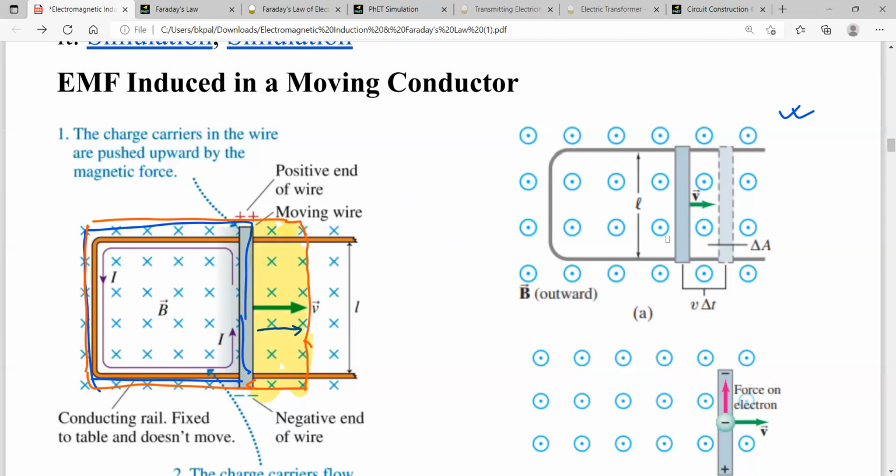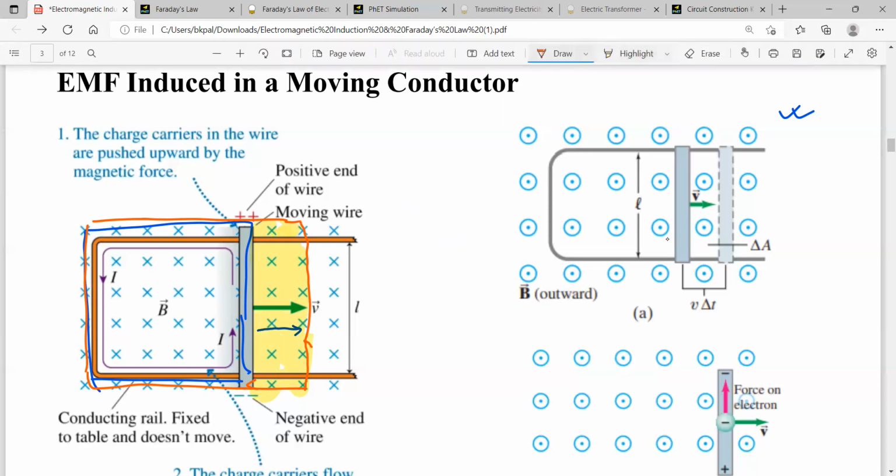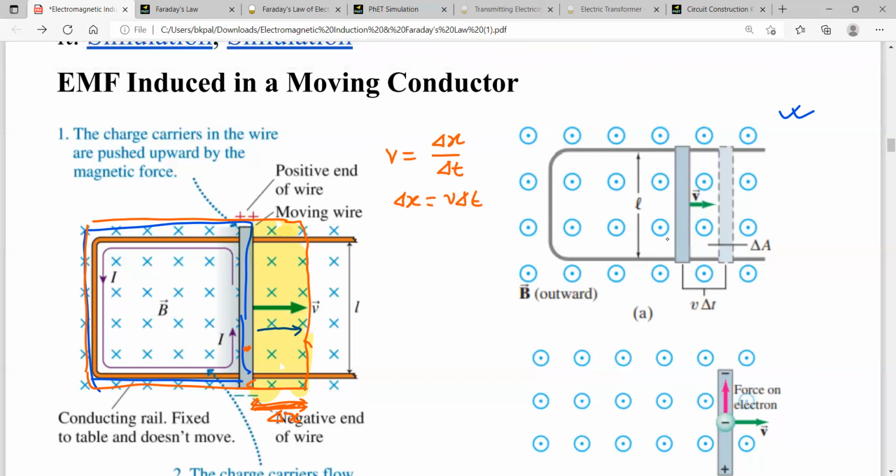Okay, and if I call this distance delta x, okay, so let's say this is delta x, and if you move this rod with a velocity v, then from this equation we can write that delta x is equal to v delta t. Let's say delta t is the time by which you move this rod from here to this position.